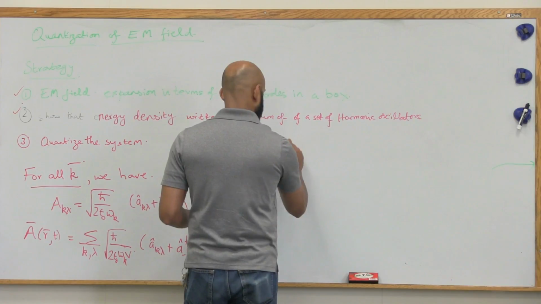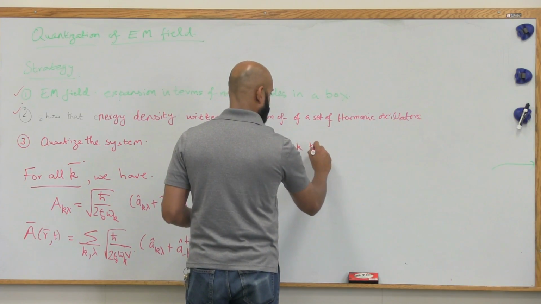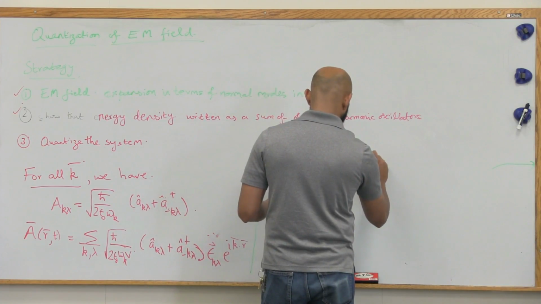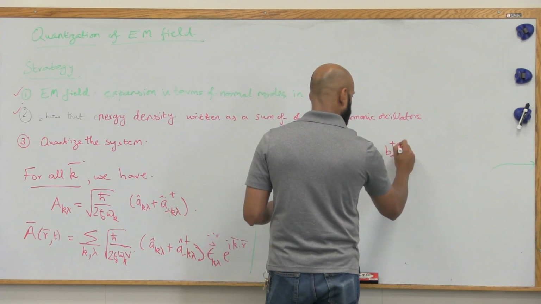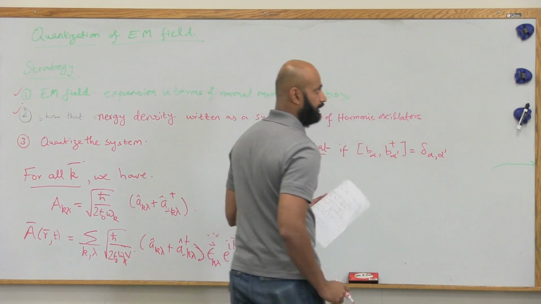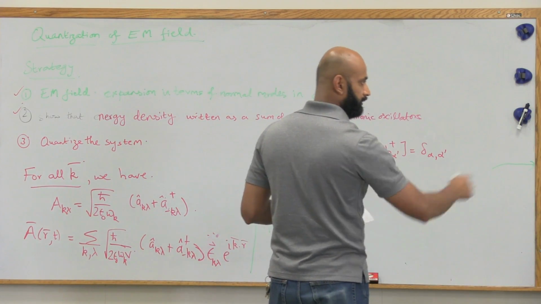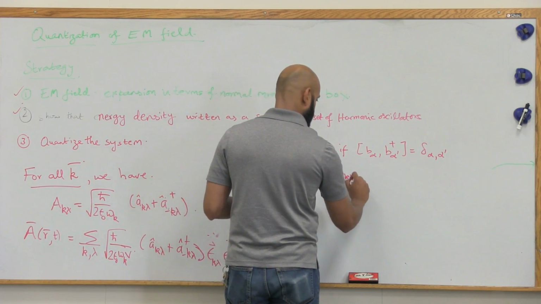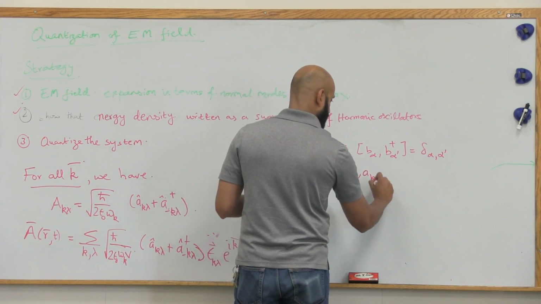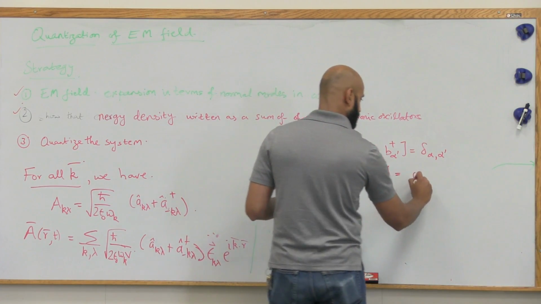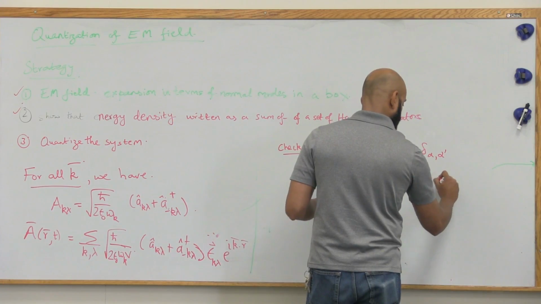That is, check that if b alpha, b alpha prime dagger is delta alpha alpha prime, as we had written down over there, this implies A_kλ, A_k'λ' dagger is equal to delta kk' delta λλ'.